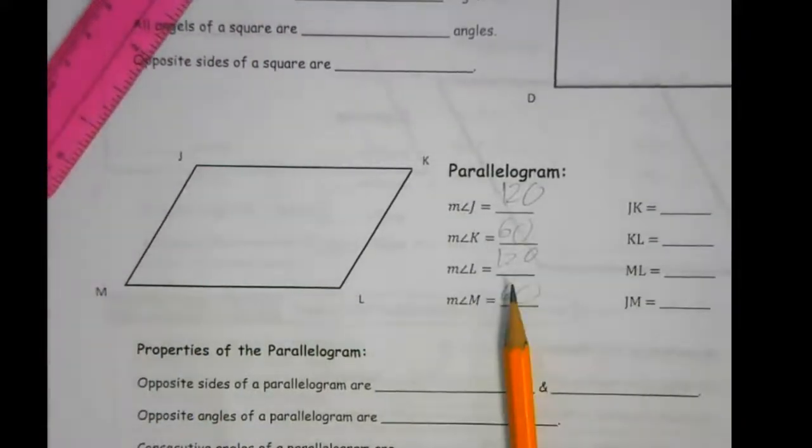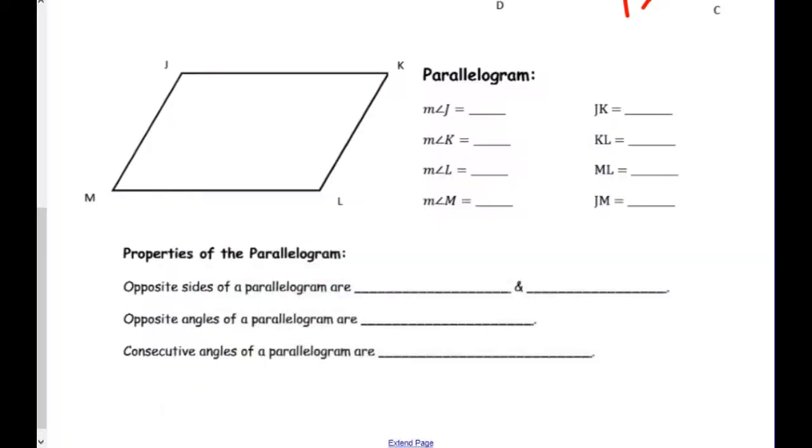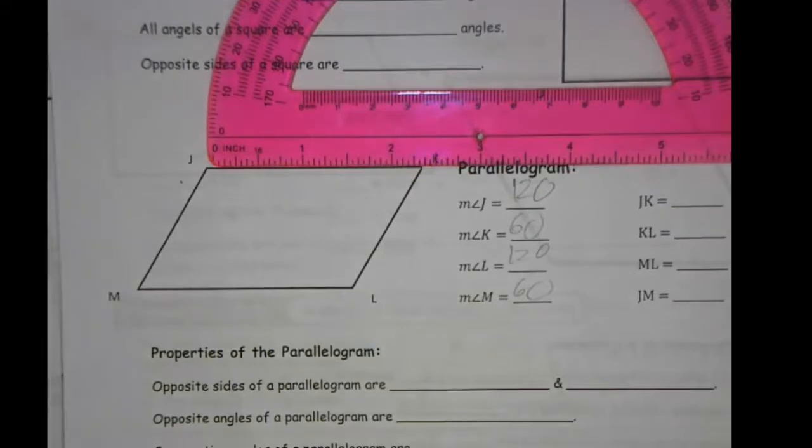So we're going to write that on the smartboard file, okay? Where am I at? All right. 120, 60, 120, and 60. Okay? So I still take my protractor and I'm going to measure JK, KL.